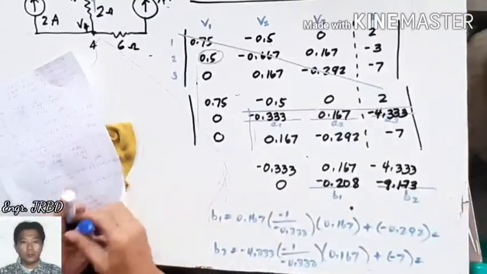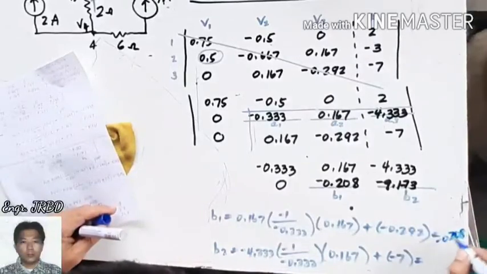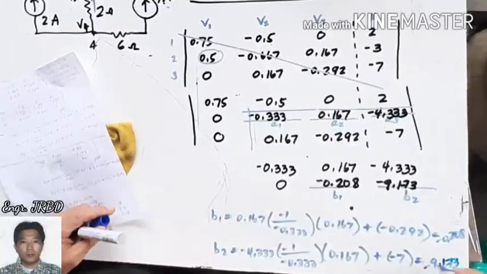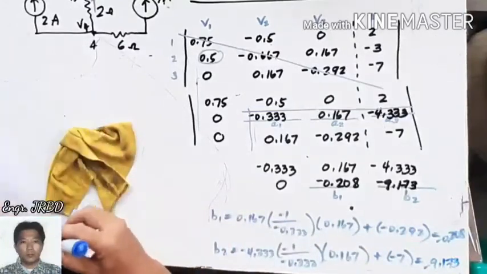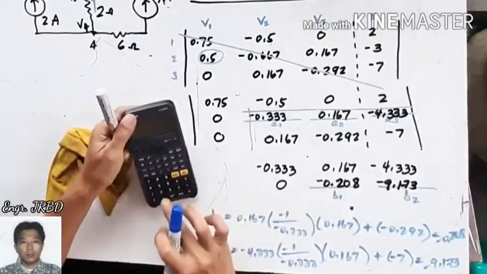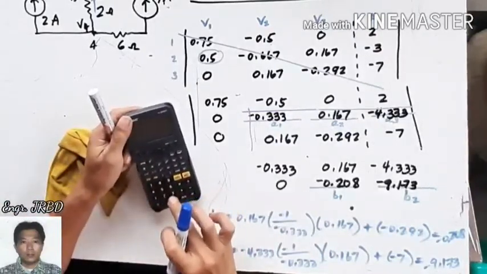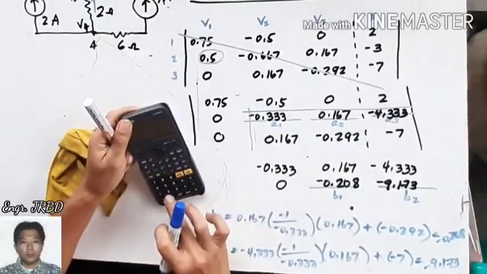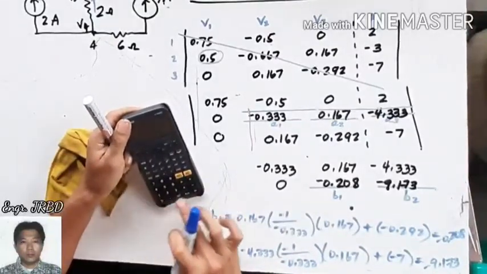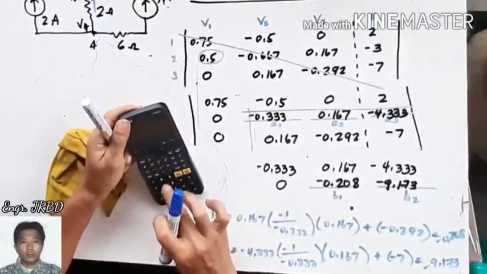Okay, you can check that. This is negative 0.208. This is negative 9.173. Okay, let us try to compute. It's 0.167 times 1 divided by 0.333 times 0.167 plus negative 0.292.